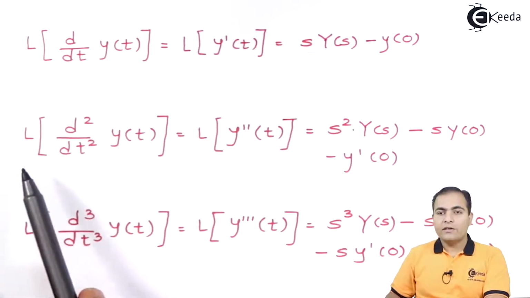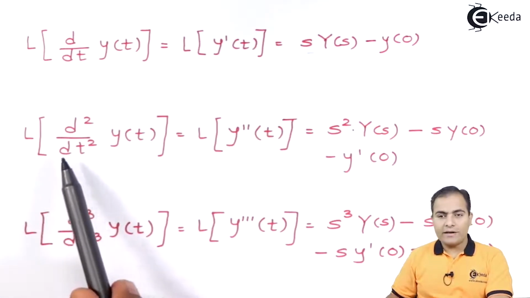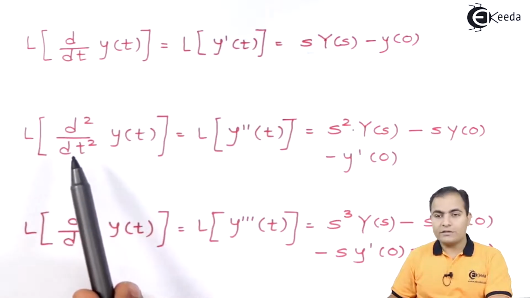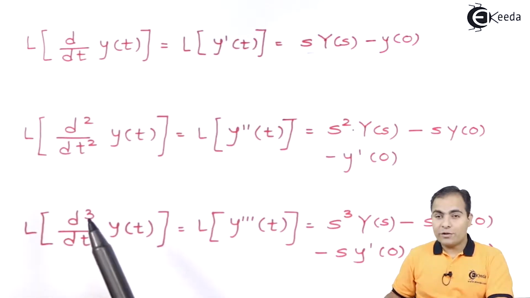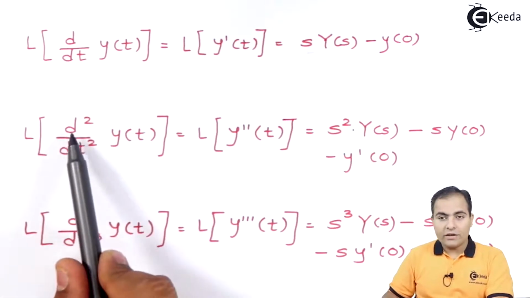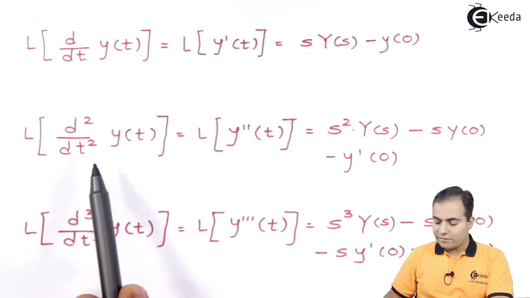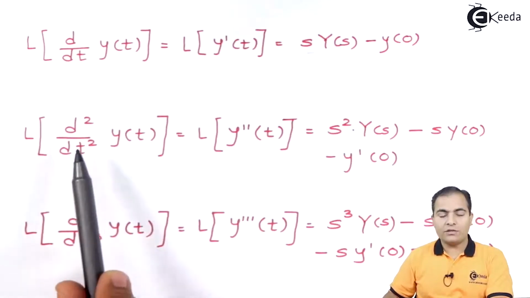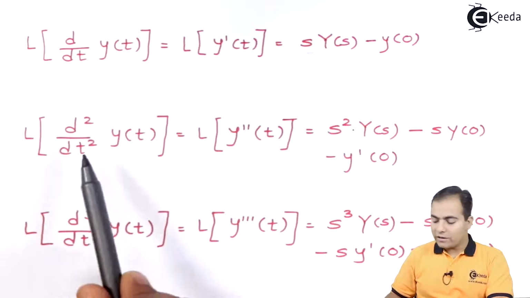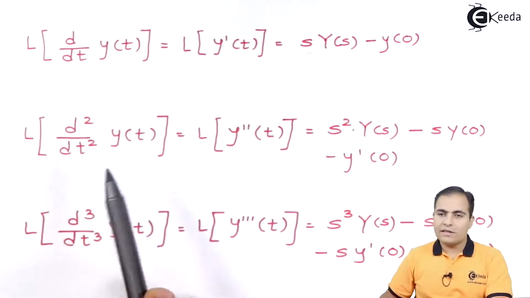Now look at here. In the second order, we have Laplace transform of d square by dt square, which means the order of differentiation is 2. Now, which term are you going to differentiate? That is y of t. As I said, here the order is 2, that's why I have written double dash. So, in your exams, maybe they will give you this type of equation, d square by dt square y of t, or else they will give you the question like y double dash of t. The meaning of both these things is the same.